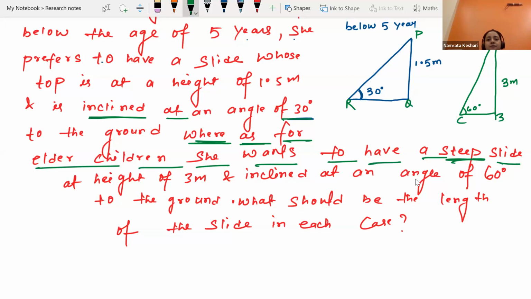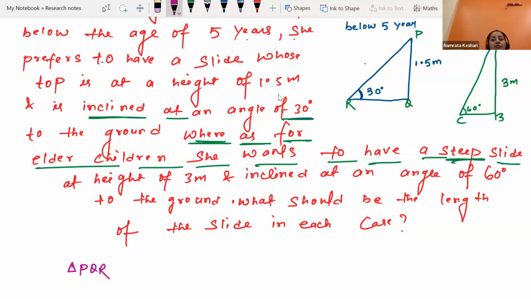Okay, ma'am. Now what exactly do we have to find here? The length of the slide, that means PR and AC, right? Now we will be thinking like the previous scenario only. If we focus on triangle PQR, the given angle is 30 degree.